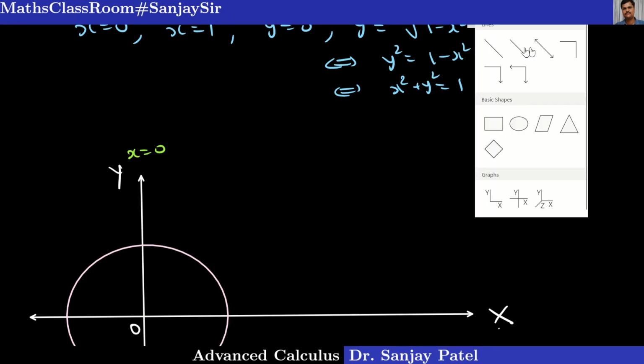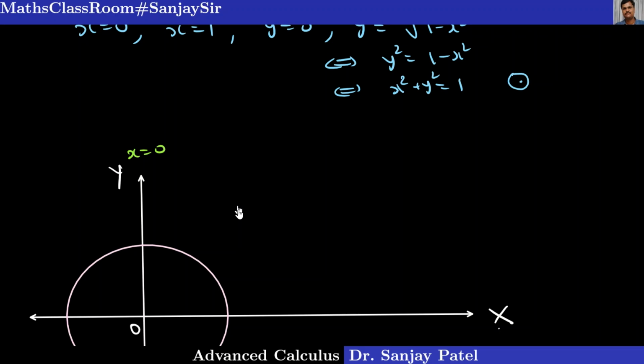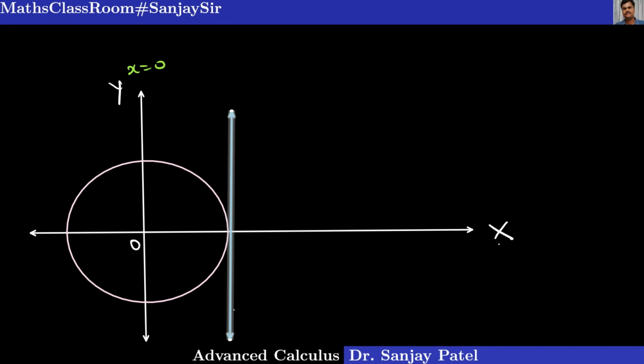Let me draw that line, passing through the point 1, 0. This is a unit circle. This equation is x square plus y square is equal to 1.